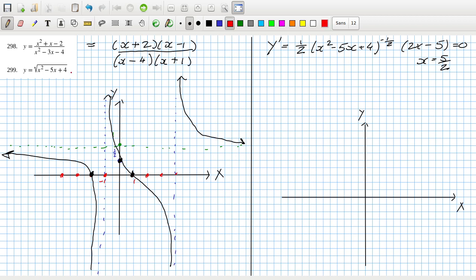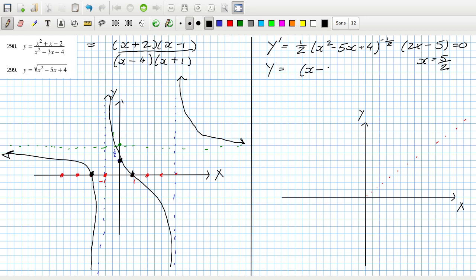When x tends to infinity, this will tend to a sort of 45-degree line. Let's see about just simplifying this if I can.